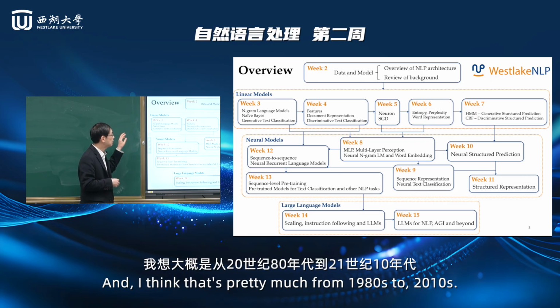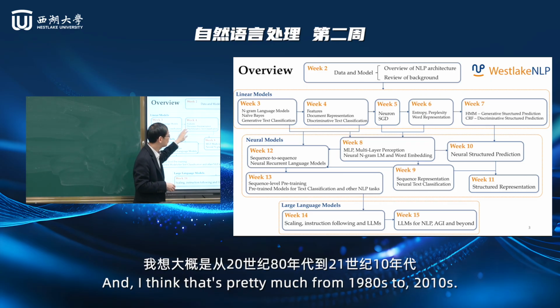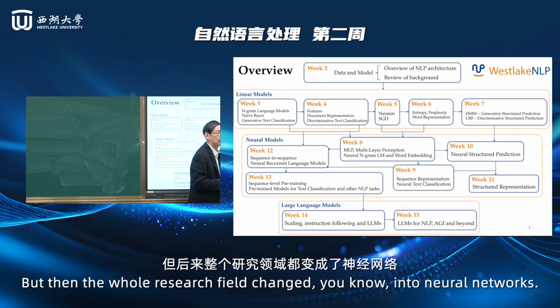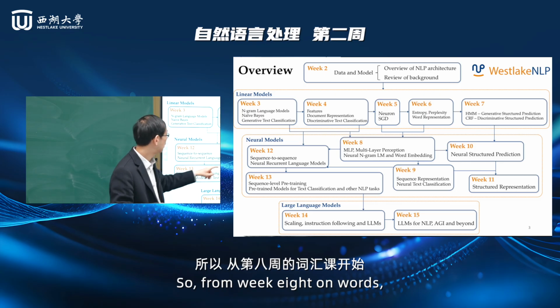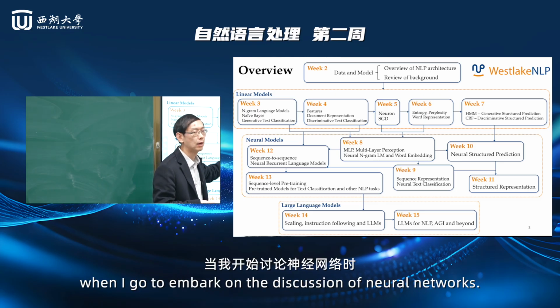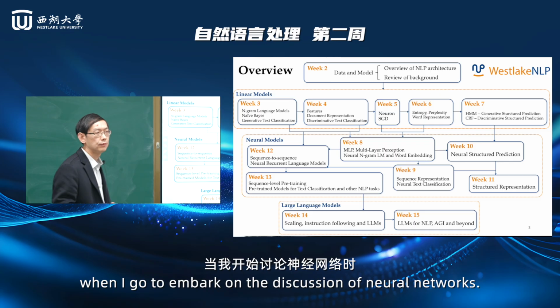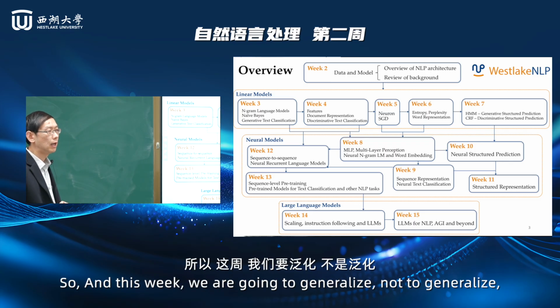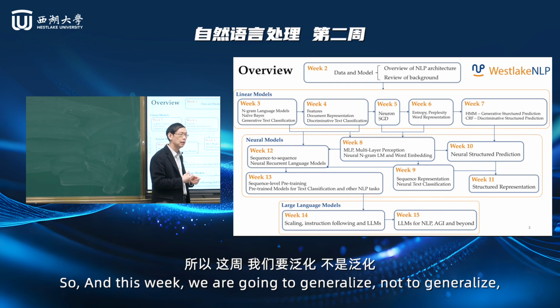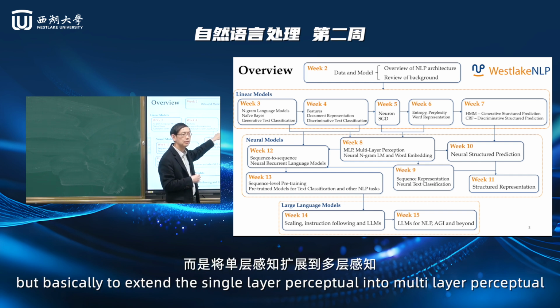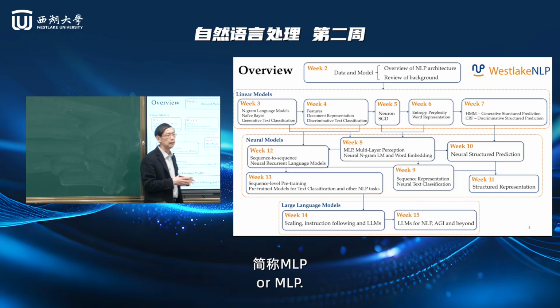And I think that's pretty much from the 1980s to even the 2010s. But then the whole research field changed into neural networks. So from week 8 onwards, we're going to embark on the discussion of neural networks. This week we are going to extend the single layer perceptron into multi-layer perceptron, or MLP.